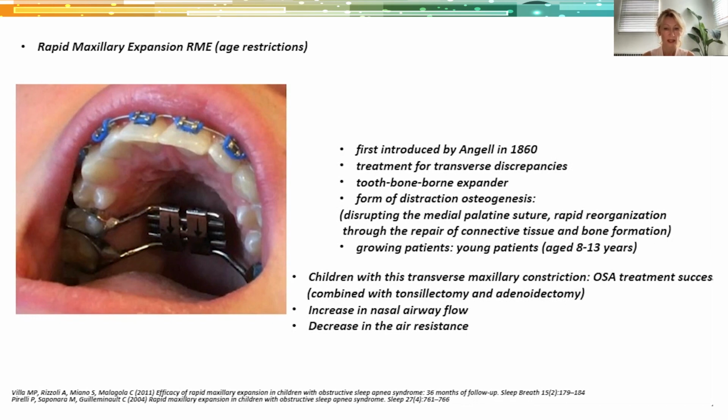Once the mid-palatal suture closes, it's not efficient and can actually cause tooth tipping, dehiscences, and bone loss. So it's limited by the age of the patient. But again, it's the same concept of making the bigger box, with the added benefit of expanding the palate and increasing the volume of the nasal cavity.